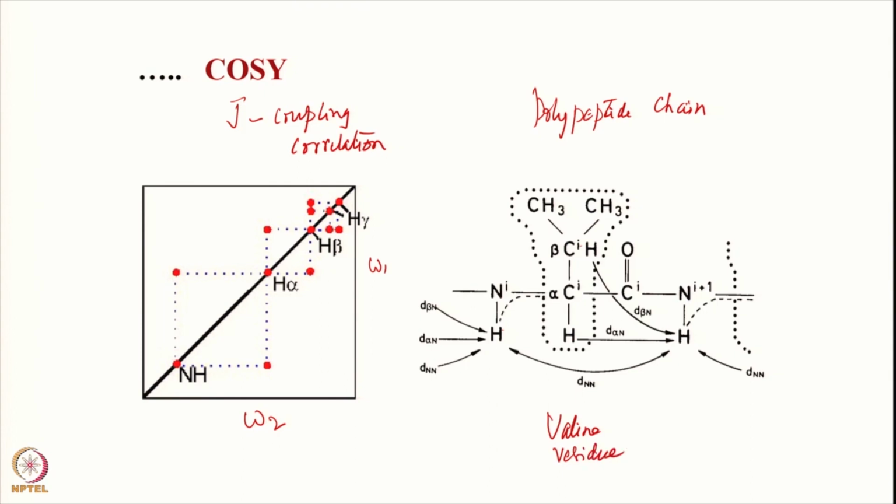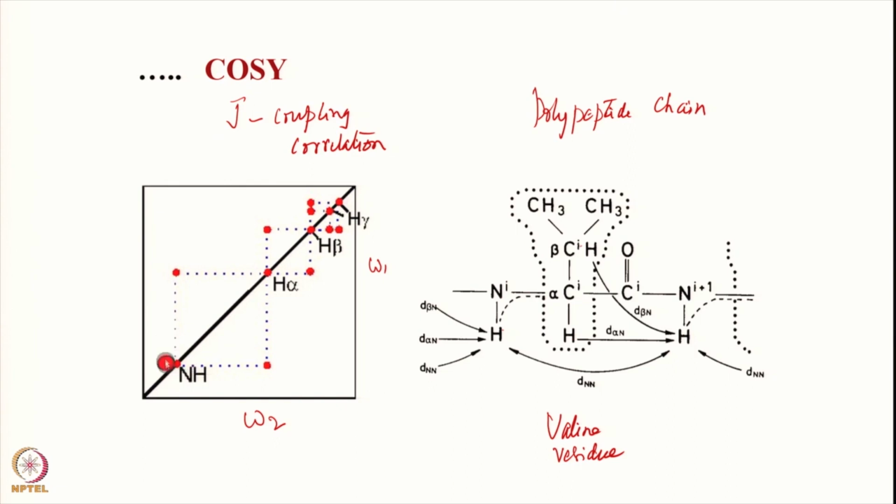Whatever is enclosed in the dotted box on the right hand side, all these exhibit J coupling between them. Therefore the COSY spectrum here is displaying a pattern of cross peaks which is very characteristic of the coupling network in this amino acid residue.